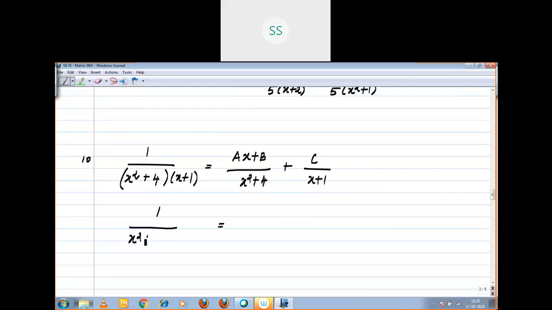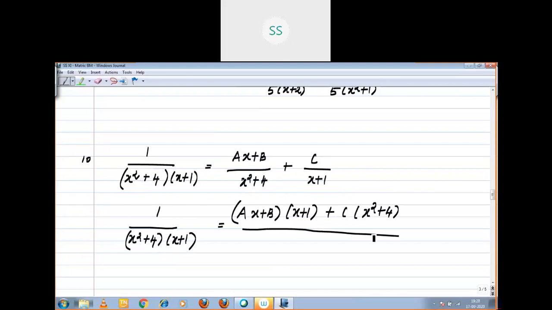Now, 1 divided by (x² + 4)(x + 1) equals [(ax + b)(x + 1) + c(x² + 4)] divided by (x² + 4)(x + 1).